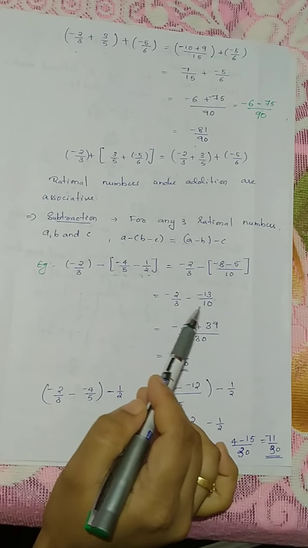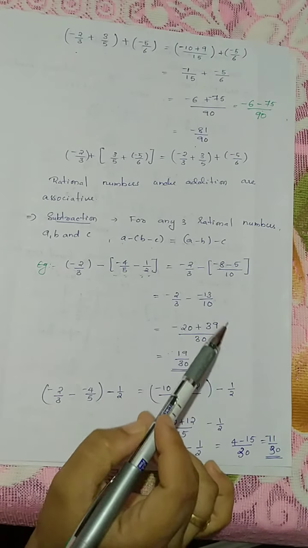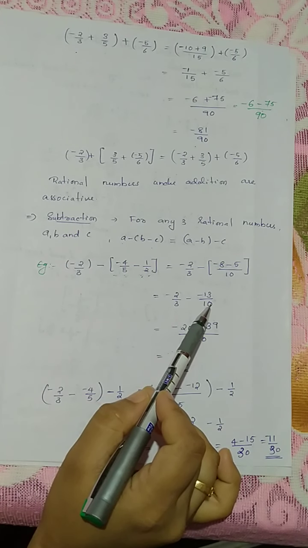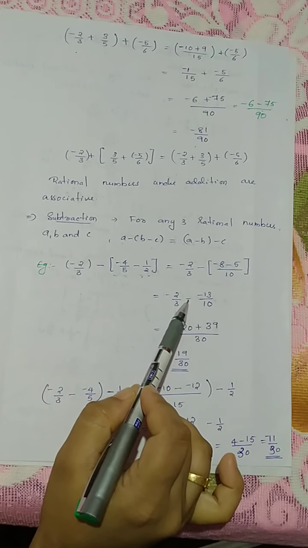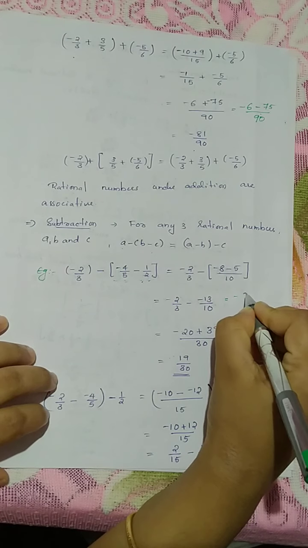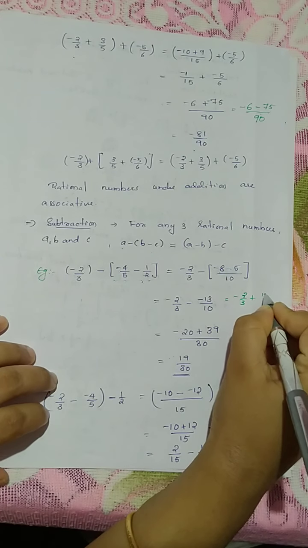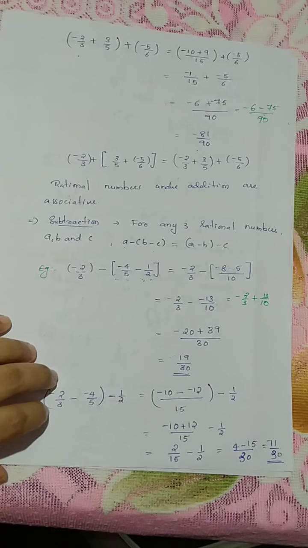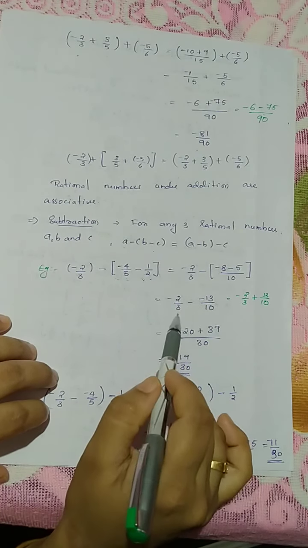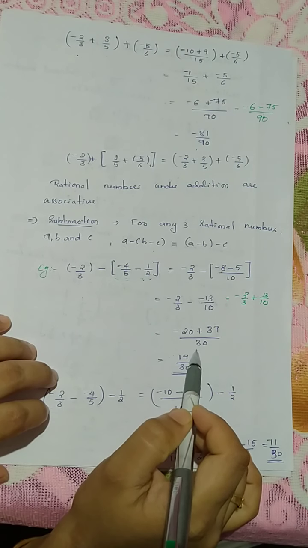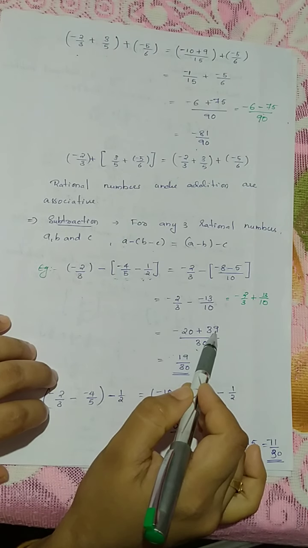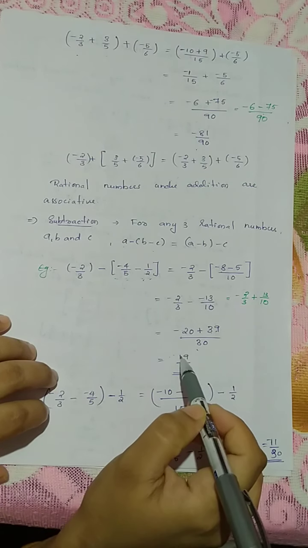Here also the denominator is different, so we cross multiply. Minus terms become positive, that is minus 2 by 3 plus 13 by 10. Minus 20 plus 13 into 3, 39, divided by 30, that is minus 20 plus 39, we are subtracting, 19 divided by 30.